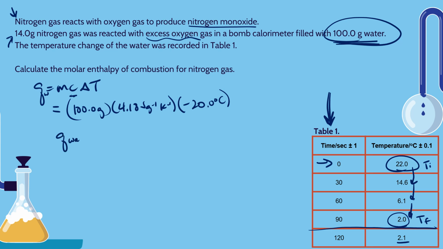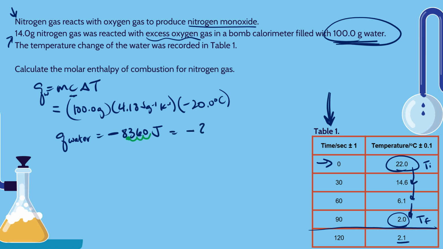Q of the water is going to be negative, calculator says 8360 joules of energy. The water lost 8,360 joules of energy. Let's convert that to kilojoules. Divide by 1,000.